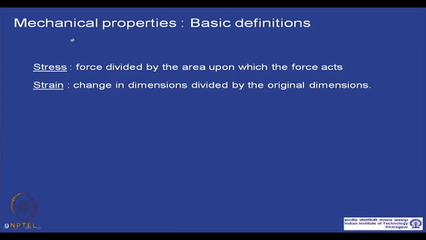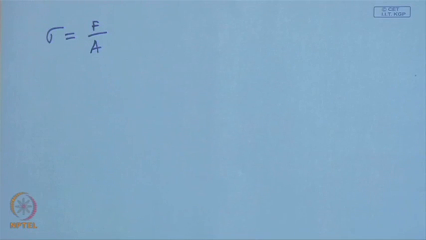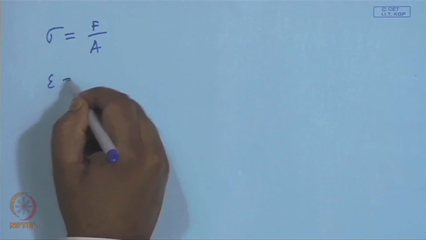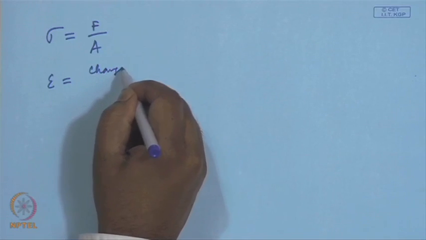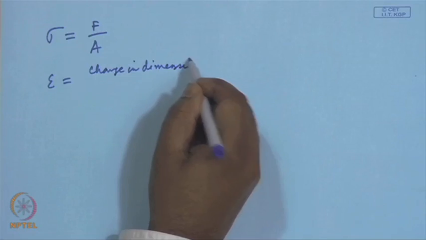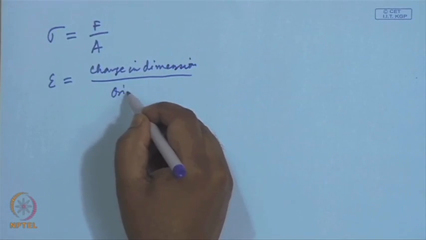Some basic terms when you talk about mechanical properties. Stress, you know that it is force divided by the area upon which the force acts. So, stress is force by area, and strain is basically the change in dimension divided by the original dimension.